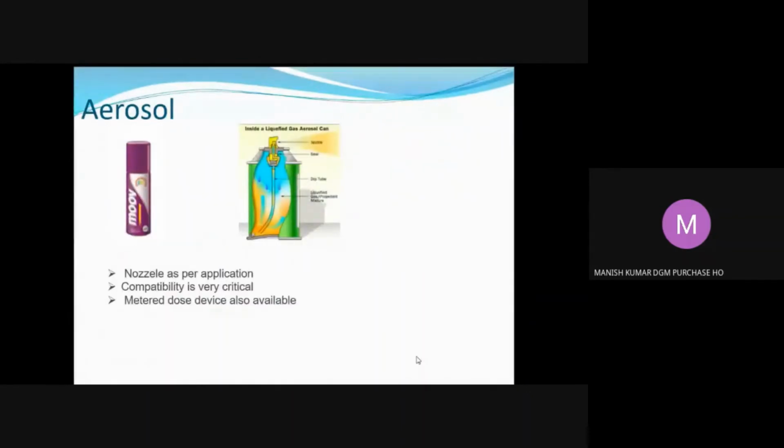Another type of pack is the aerosol pack. You might have seen Move spray, and many types of sprays are available. Those are called aerosol packs. In pharmaceuticals also we use aerosol packs, and there are metered dose devices available in aerosol packs. If an asthma patient is taking a spray, he should count how many doses are remaining and when he has to replace it.